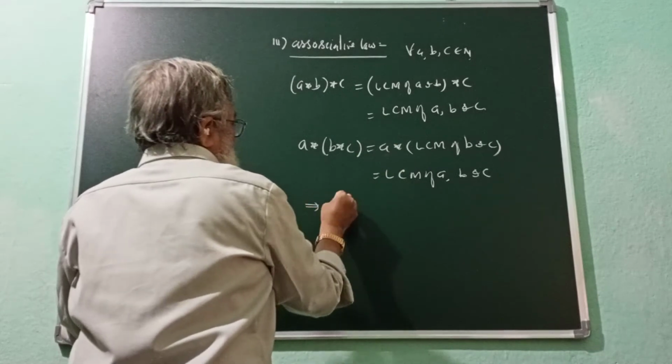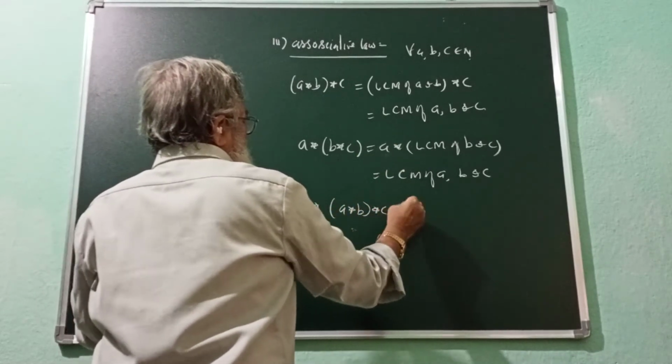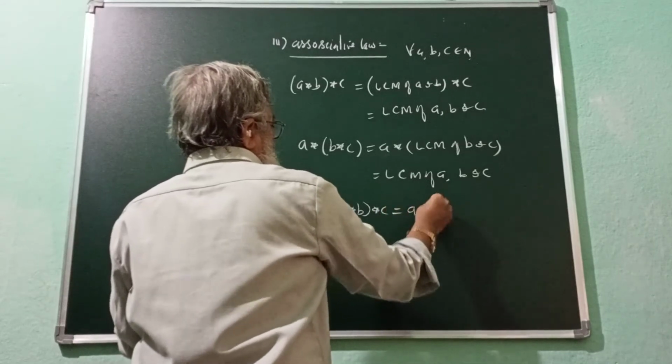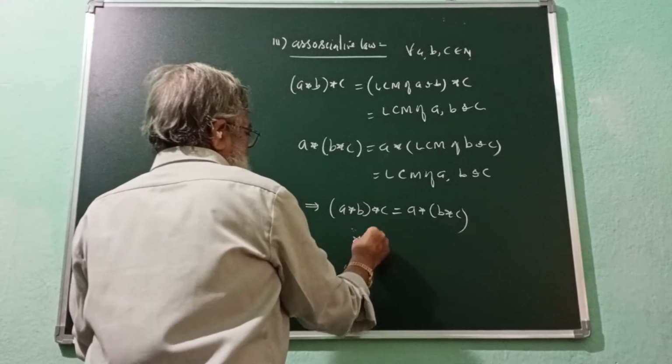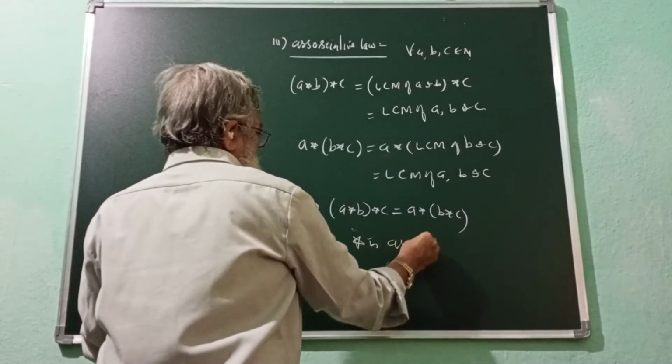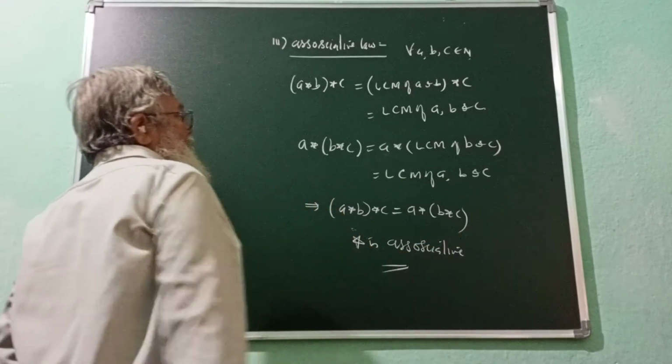Therefore, from this we can write (A star B) star C is equal to A star (B star C). Therefore, star is associative.